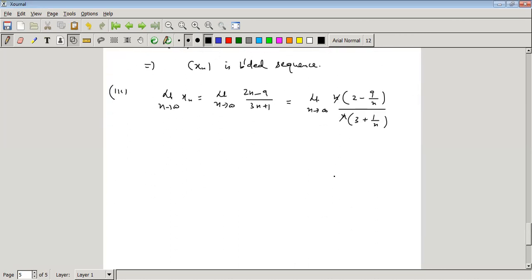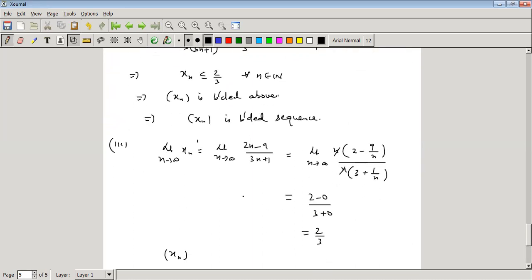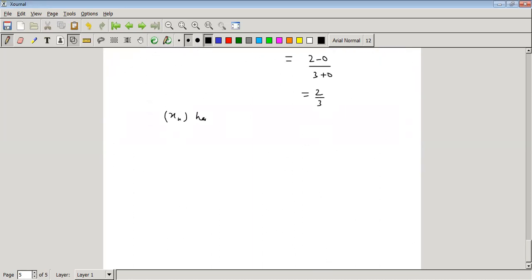Applying the limit, we get (2 minus 0) upon (3 plus 0), so we get 2 by 3. Hence the sequence x_n has limit 2 by 3. So in this way, we can prove that the sequence x_n is monotonically increasing, it is a bounded sequence, and has limit 2 by 3.